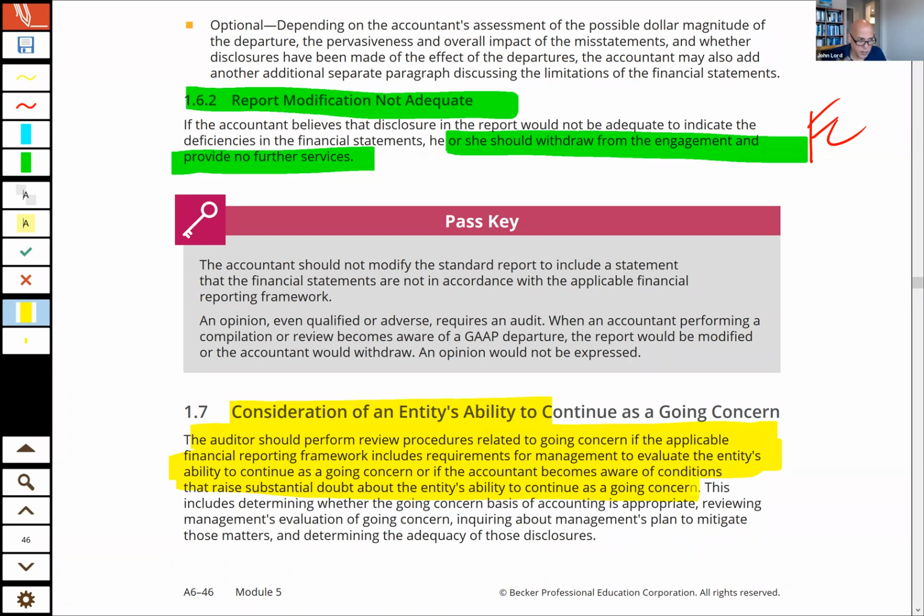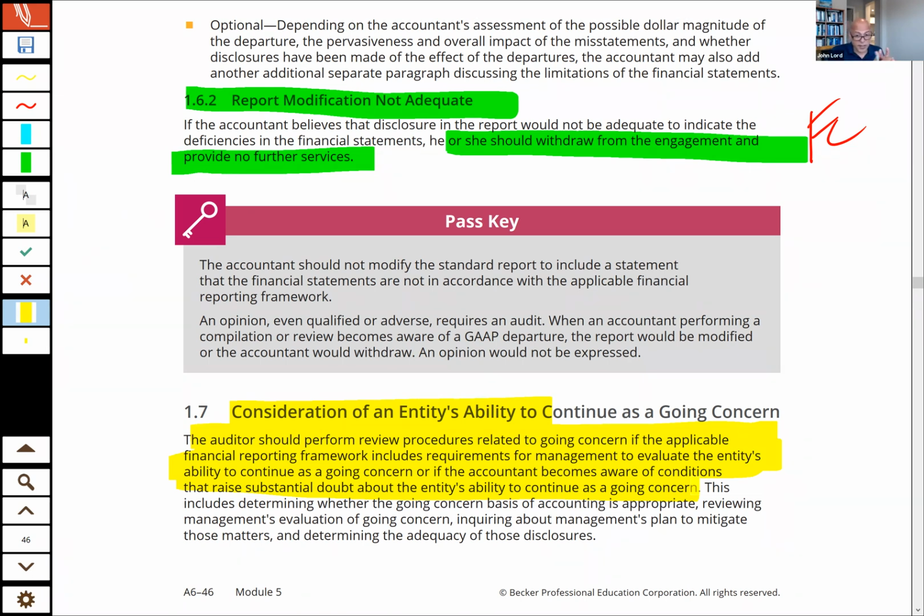And in terms of management, the financial statements reporting going concern issues, it's different from what we do in an audit, where we are required to do what? To look for the indicators of substantial doubt about the ability to continue as a going concern. And if we see it, then we're going to look for mitigating factors.